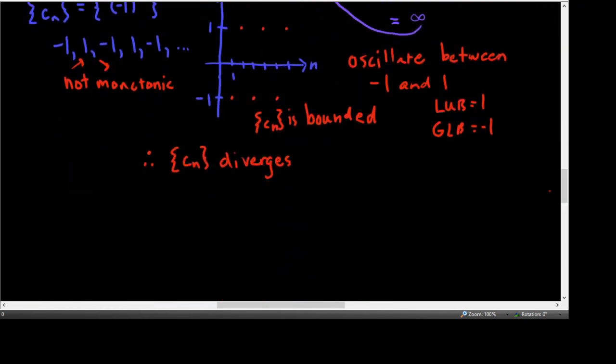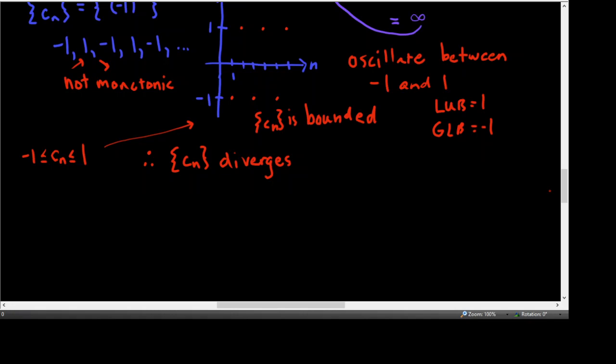C sub n is bounded below by negative 1, bounded above by 1. Now that does not imply that it takes on every real value, because remember, these are sequences. We're just graphing dot, dot, dot, dot.